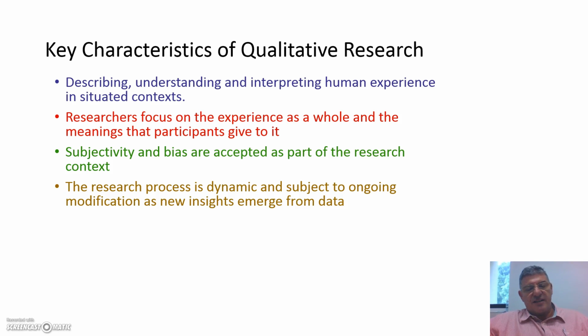Hence, the process of research is very dynamic. And as a researcher, you need to be sensitive to what's going on, because you may need to change the approach, the methods, even your role within the context of the research. And that's where, as we'll see, there's a lot of skill and thinking involved in managing a qualitative research process, because it is very fluid.